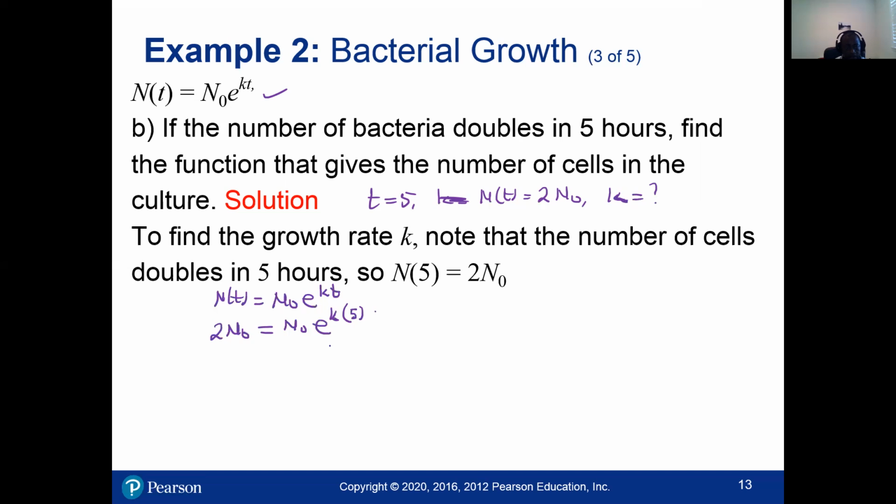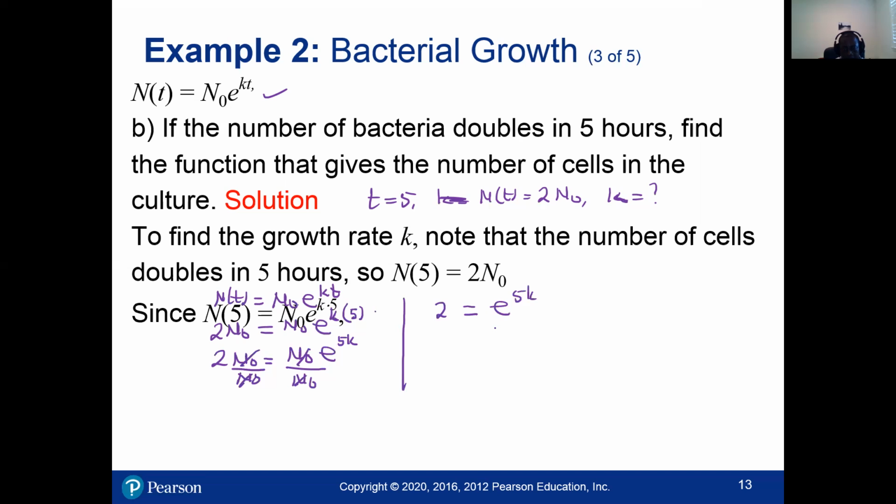K times 5. Okay, so this gives us N naught e raised to 5k, and then 2 times that. So we divide both sides by N naught, because that cancels out. Okay, and then this gives me 2 equal to e raised to 5k.